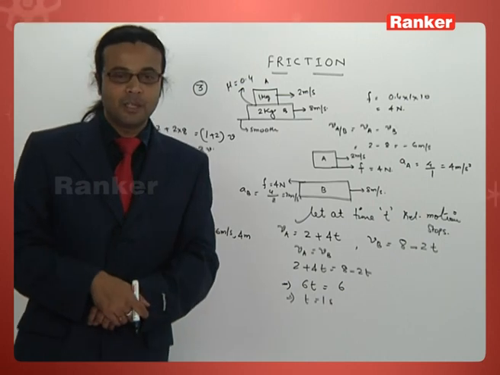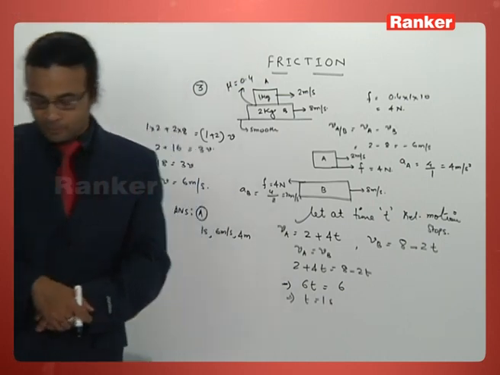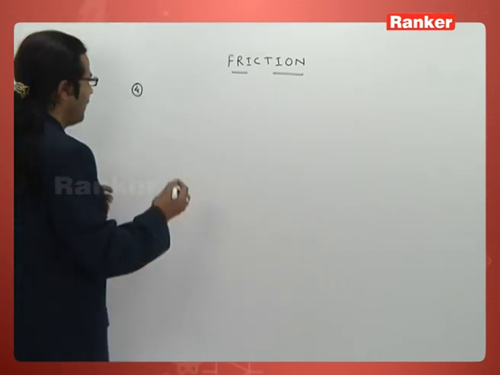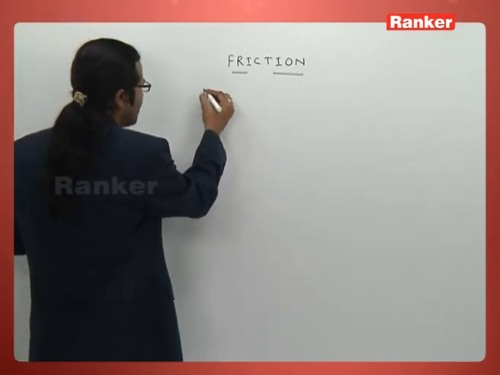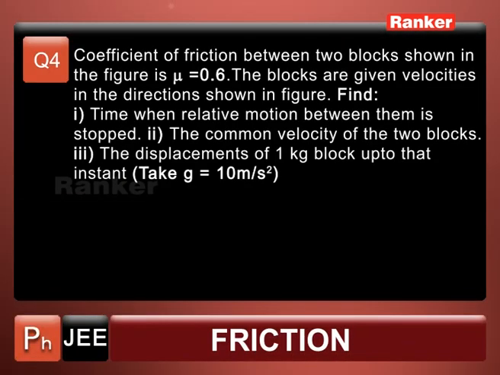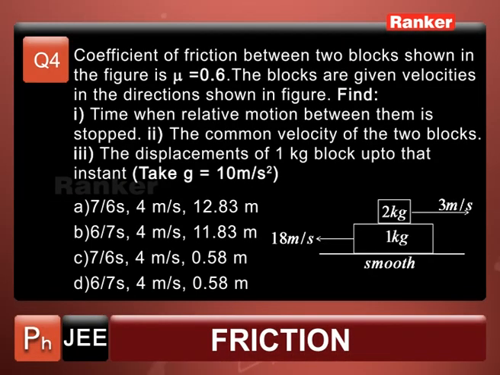Now we go to the next question, question number 4. I give you the diagram of this. This is 2 kg. The coefficient of friction between the two blocks shown in the figure is mu equals 0.6. The blocks are given velocities in the direction shown in the figure.